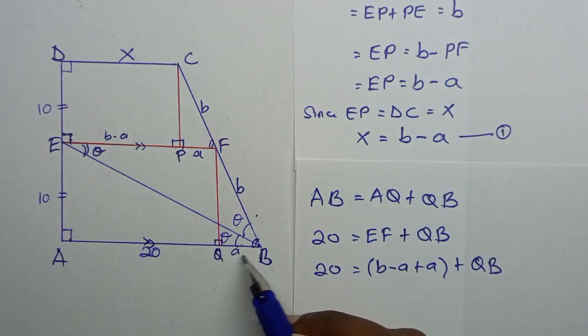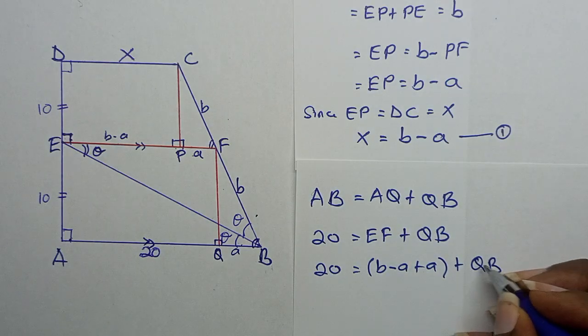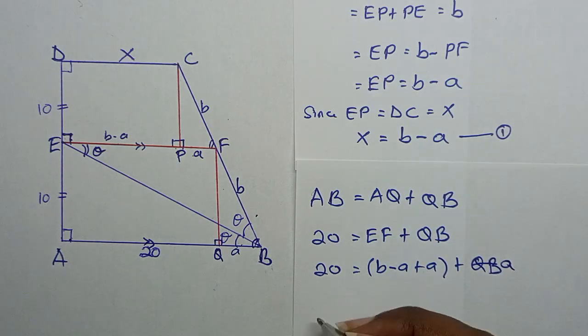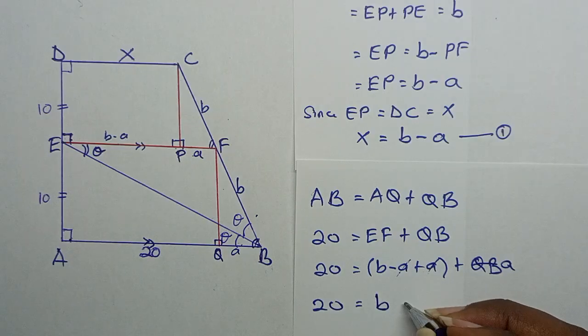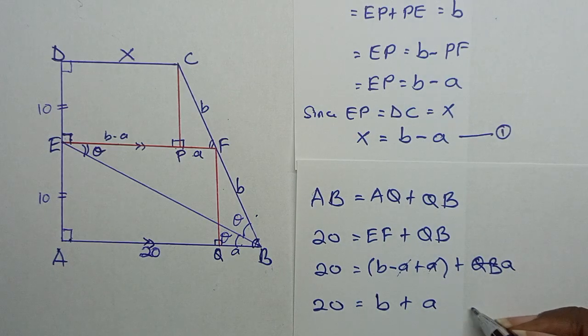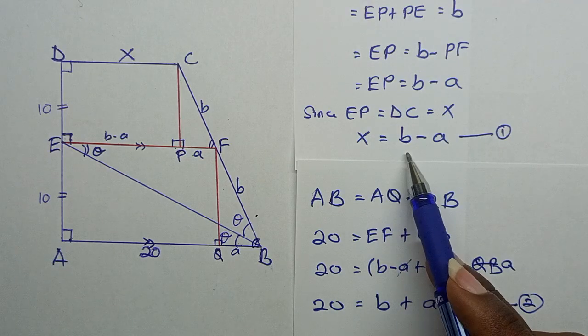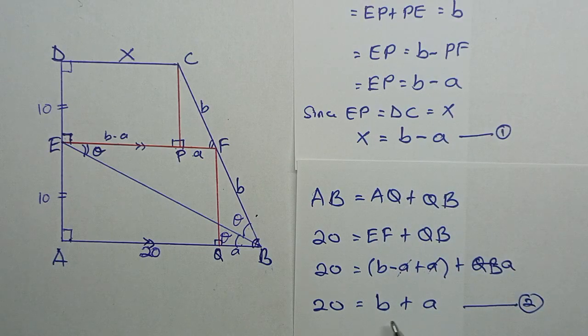But also QB is A, so we say plus A. So 20 is equal to B minus A plus A. This cancels, so we have B plus A. Let this be equation 2. So we have X is equal to B minus A and 20 is equal to B plus A.